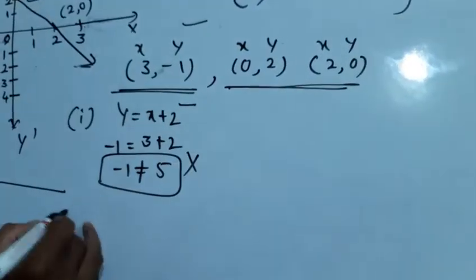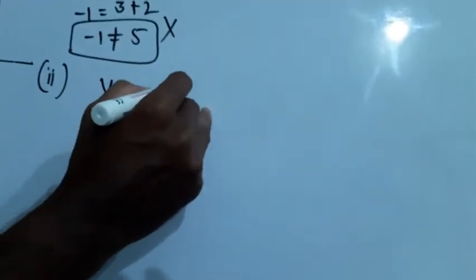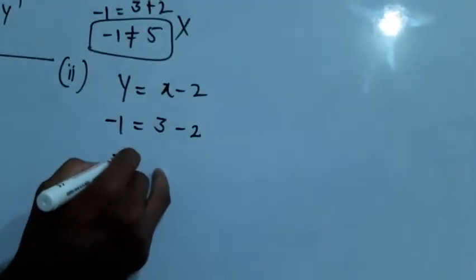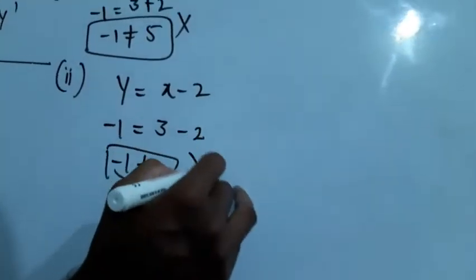We'll consider the second equation, y = x - 2. What is the value of y here? -1. What is the value of x here? 3. 3 - 2 = 1, so -1 is not equal to 1. Hence this is not the equation.